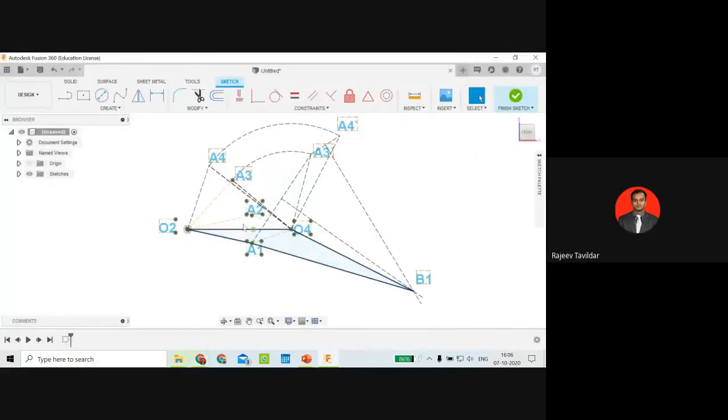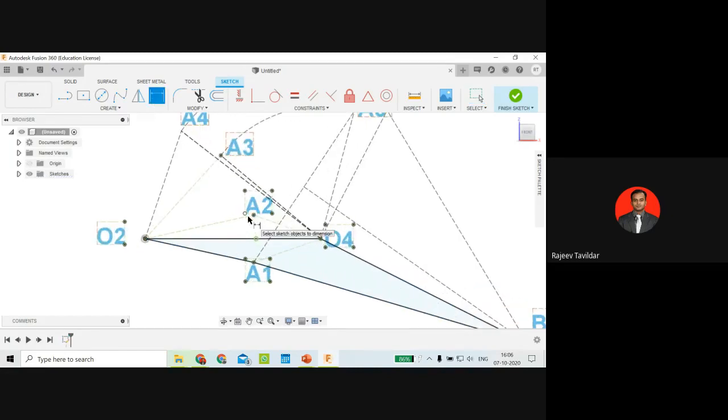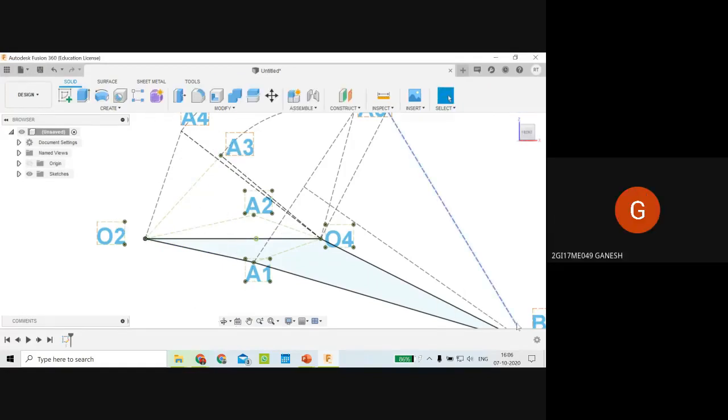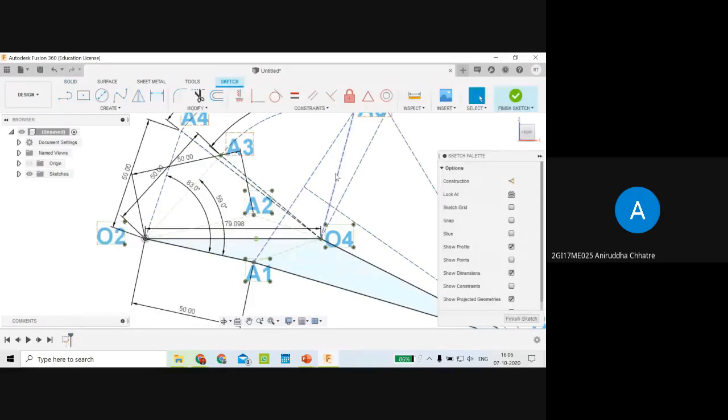Okay, so let us check the link length. It is a validation for your sketch, whatever you have done. Let us check whether you have done it correctly or not. So the first link length is O2 O4, that is fixed length. How much are you getting? I am getting somewhere around 79. 80, sir. 8 centimeters.